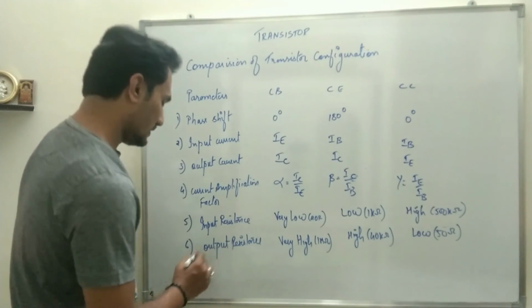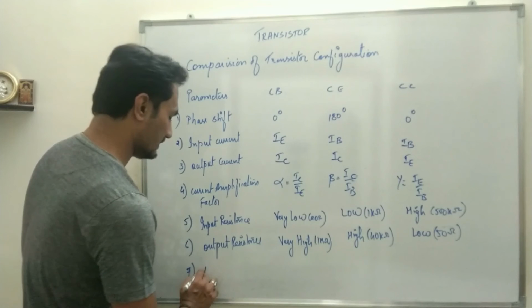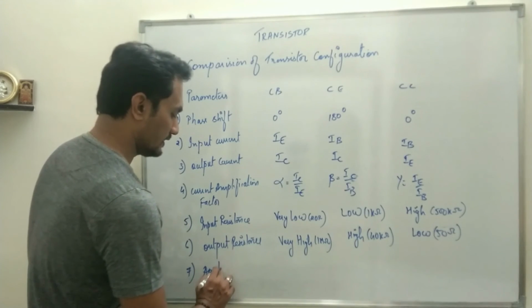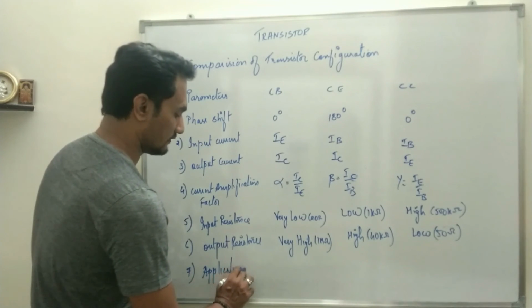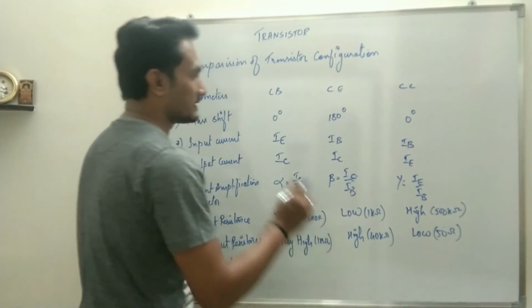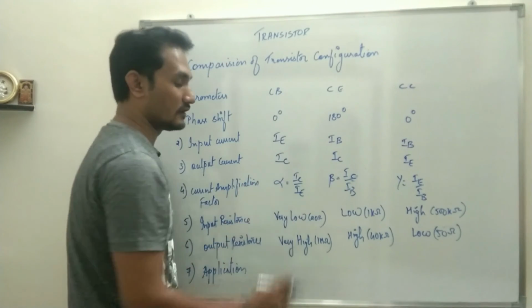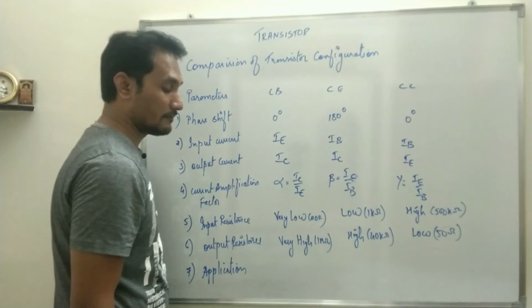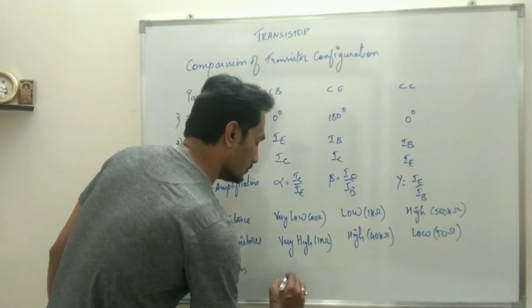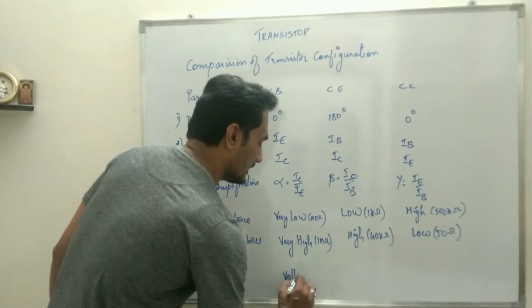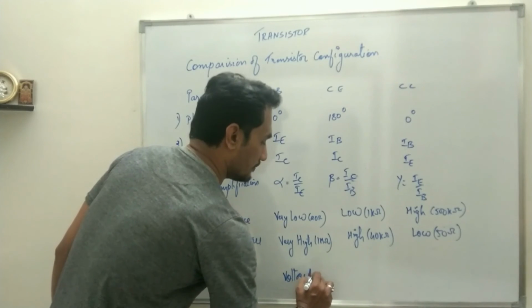Okay, so now the 7th is the application, where we can use this configuration. As I said, common base configuration cannot be used for current amplification, so it can be used as voltage amplifier.